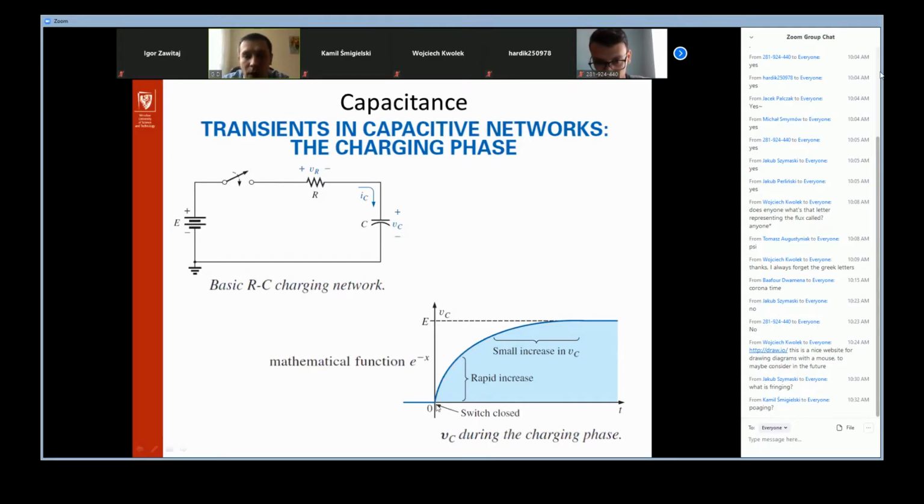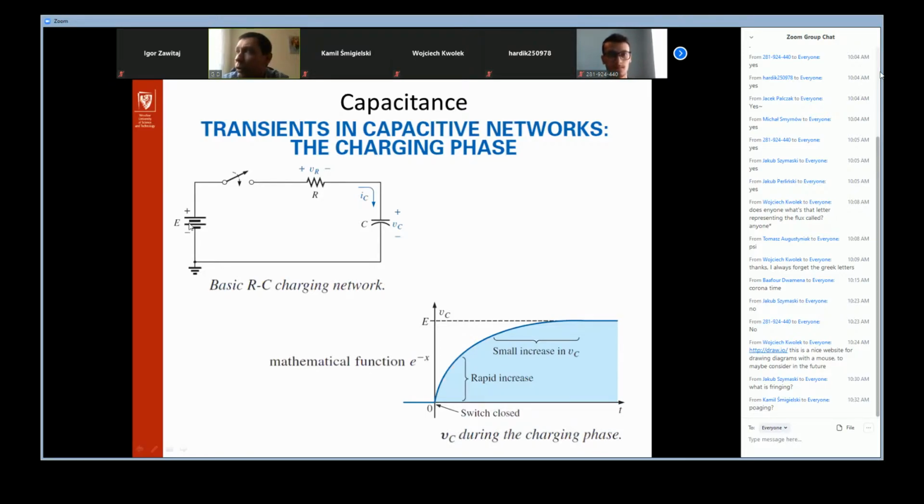So as time goes by, we can observe that the charges on the plates are increasing. So that's why the voltage drop on the capacitor also increases. And it increases up to the moment when, of course, the voltage drop on this capacitor will be the same as the value of the voltage source.